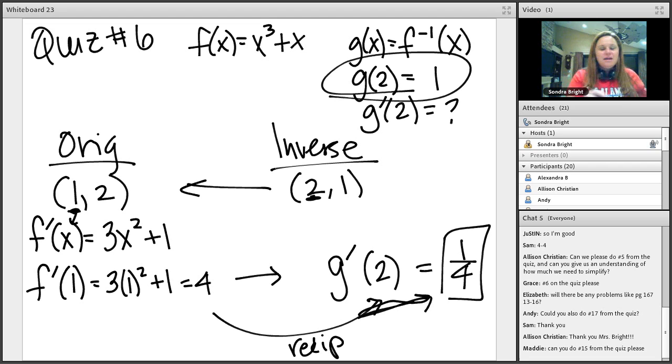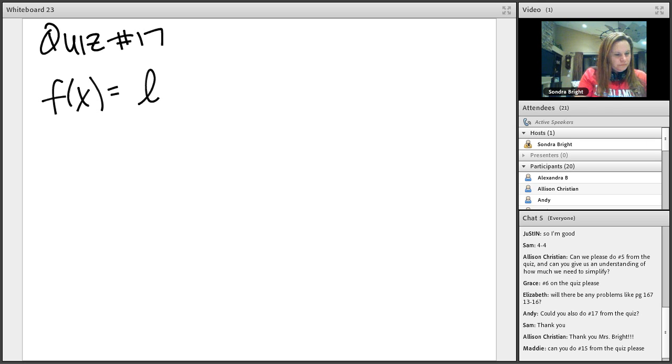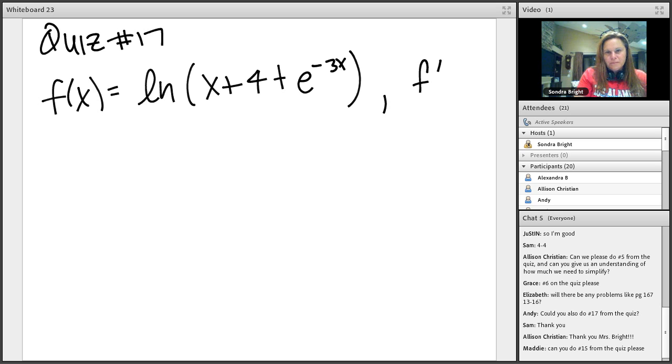Number 17 from the quiz. All right, so you want to find the derivative first of this.